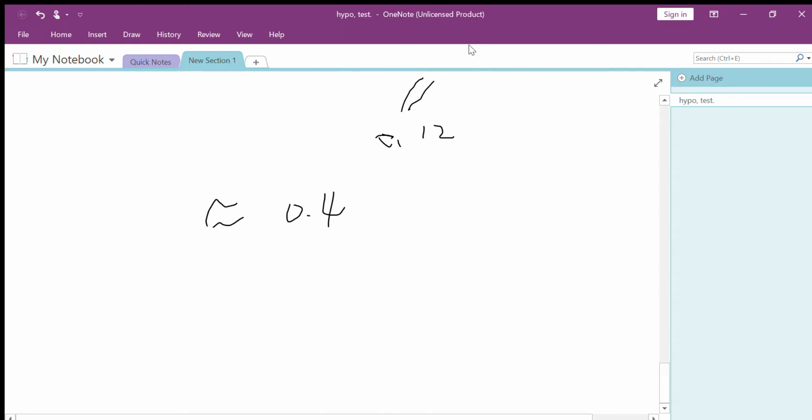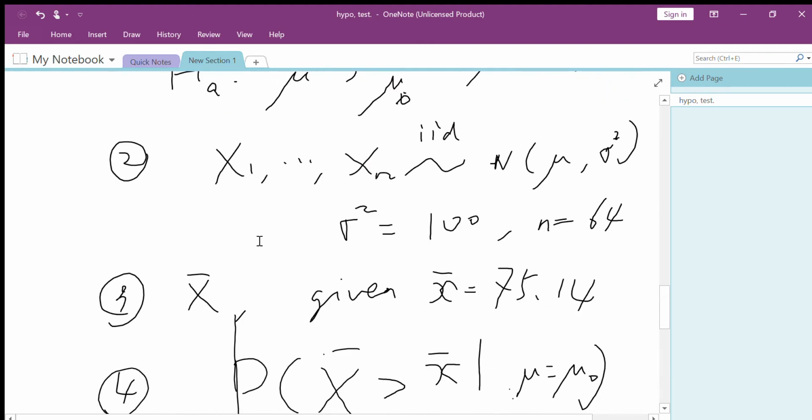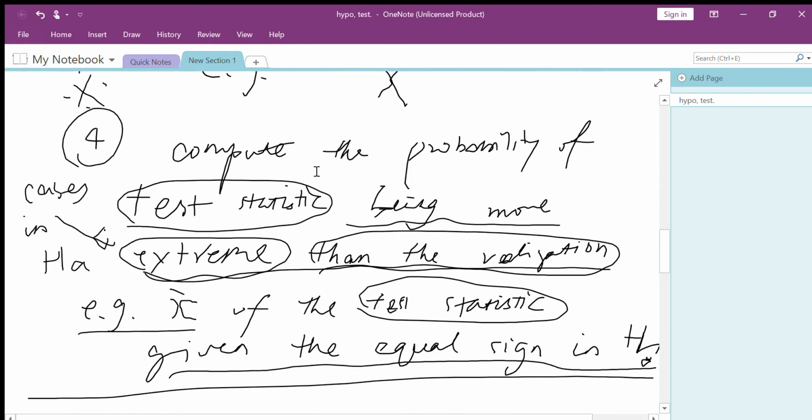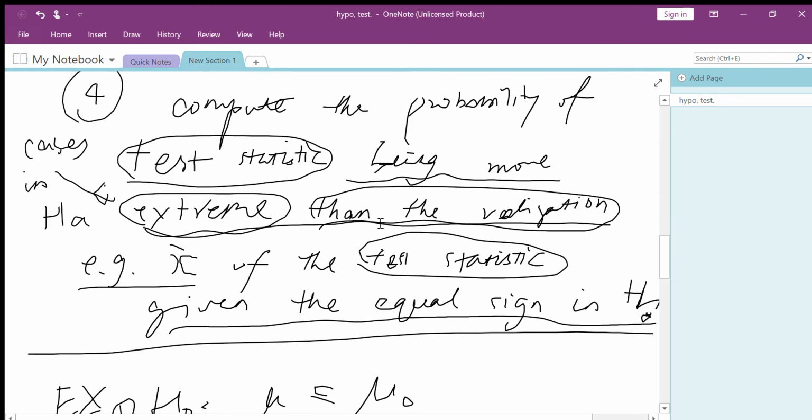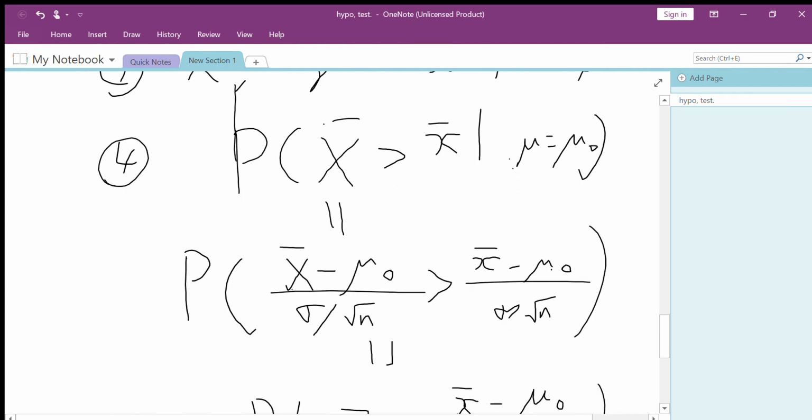So what's the meaning of this probability? Let's recall the fourth step. The fourth step is to compute the probability of the test statistic being more extreme than the realization of the test statistic, given the equal sign H0. So let's see this specific example.